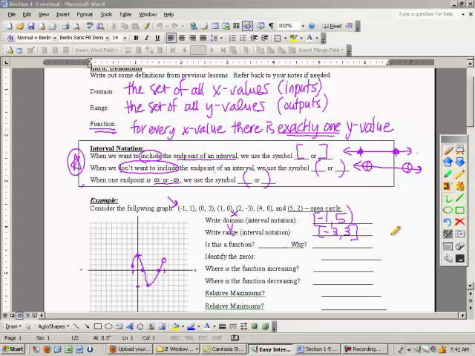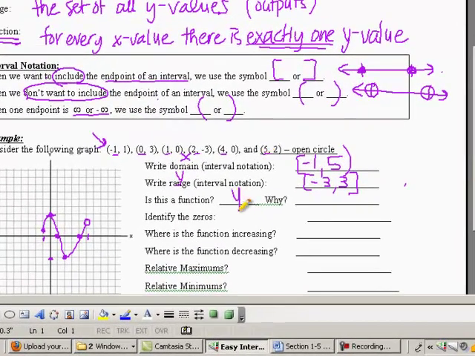Now the question is, is this a function? For this x value at -1, do I only have one y value? Yes. At this x value of 0, do I only have one y value? Yes, -3. As you look at this, you're asking: do I have any duplicates in the x value which give me different y values? If the answer is no, then it's a function.